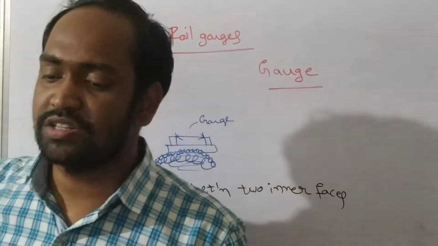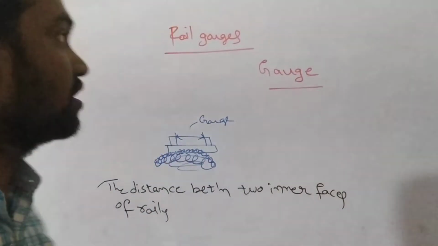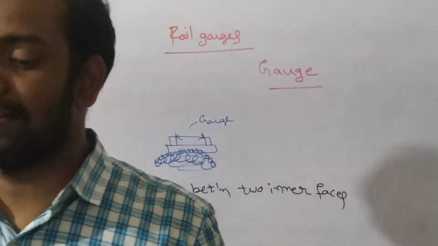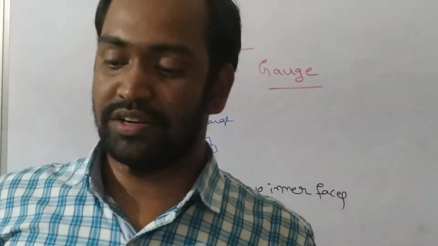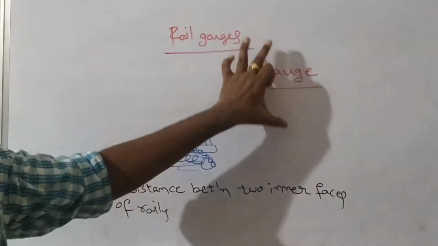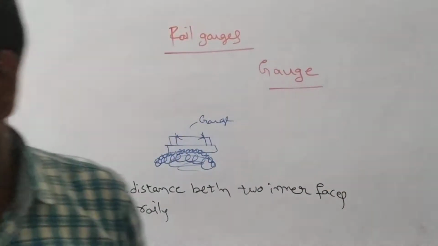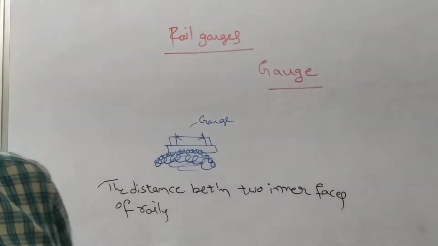60% of the world's railways are using a gauge called the standard gauge, or international gauge. Based upon the rail gauge, railway gauges have been classified into different types.